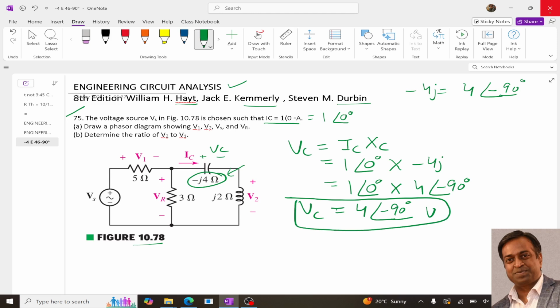Similarly, we can determine V2, because the same current IC flows through this.